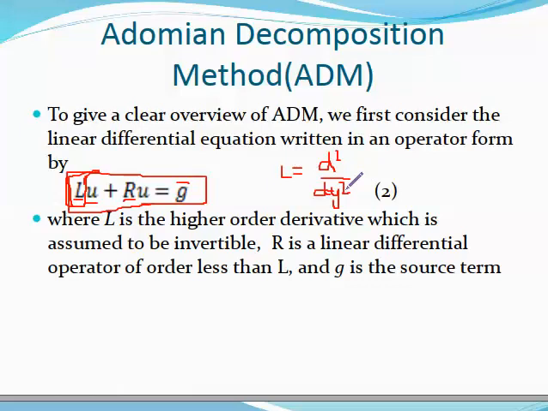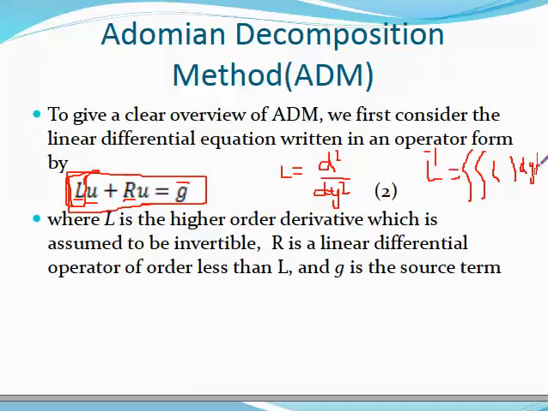By invertible we mean that the integration of L is exact, so L inverse is equal to the two-time integration of the unknown function u, and the independent variable used here is y.